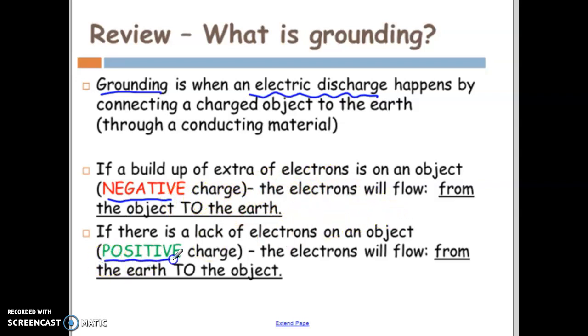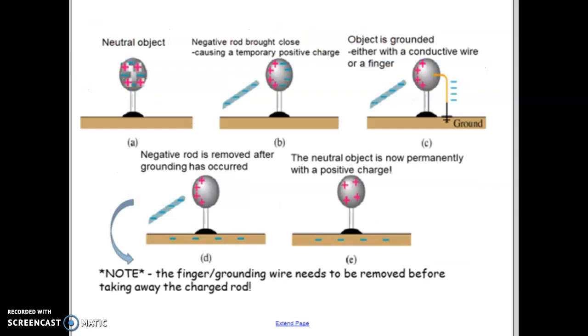If there are not enough electrons and it's a positive charge, the electrons will actually go from Earth to the object. So remember, it goes either way. When we're using that for charging with permanent induction, we have to keep in mind that it can go either way.